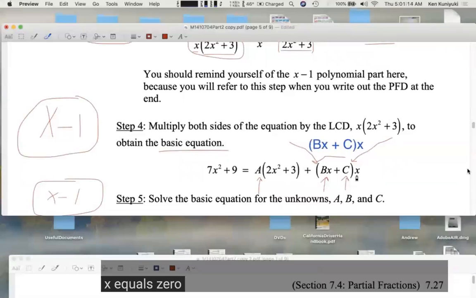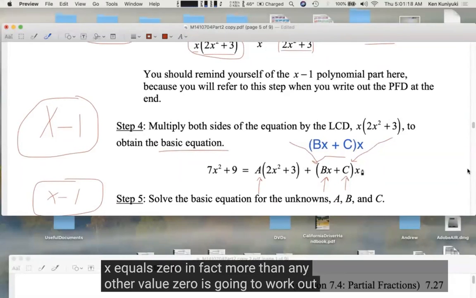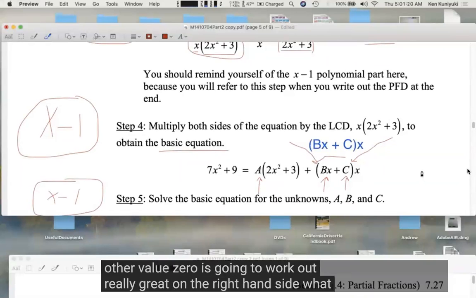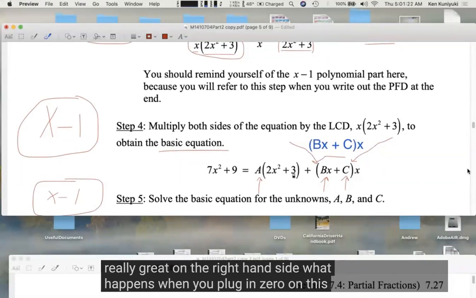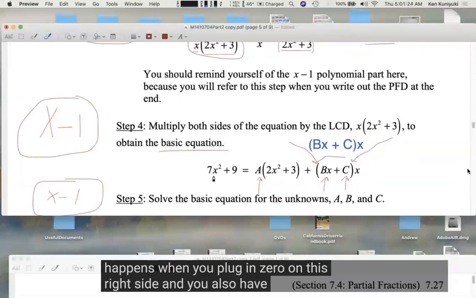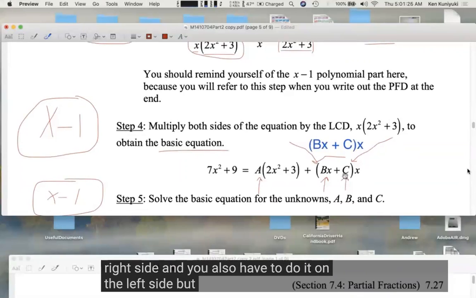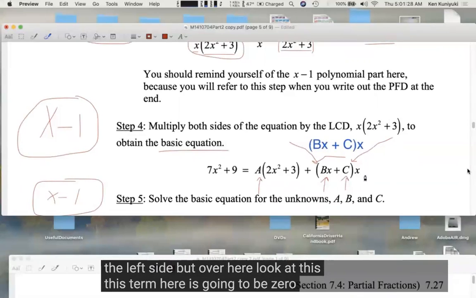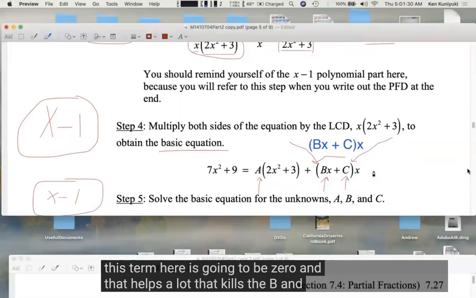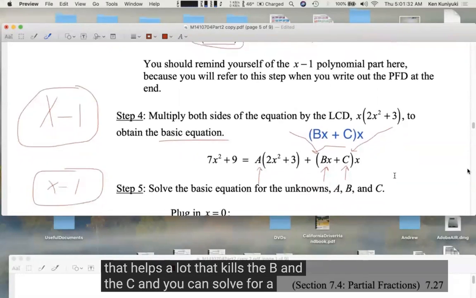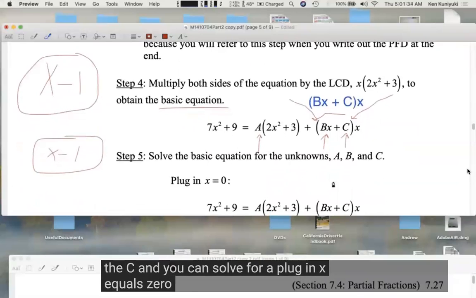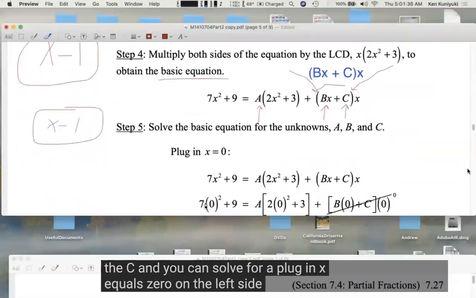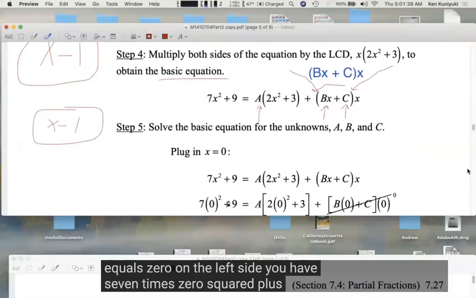How about x equals 0? In fact, more than any other value, 0 is going to work out really great on the right-hand side. What happens when you plug in 0 on this right side? And you also have to do it on the left side. But over here, look at this. This term here is going to be 0, and that helps a lot. That kills the b and the c, and you can solve for a. Plug in x equals 0. On the left side, you have 7 times 0 squared plus 9.